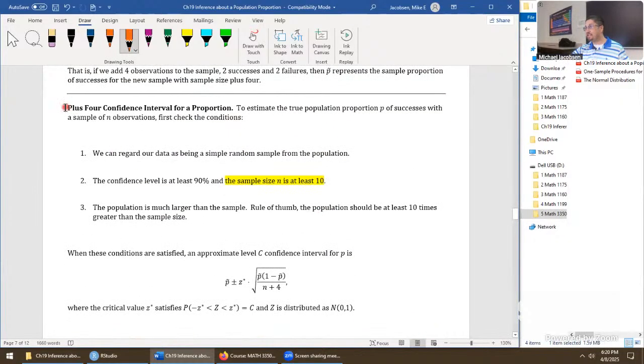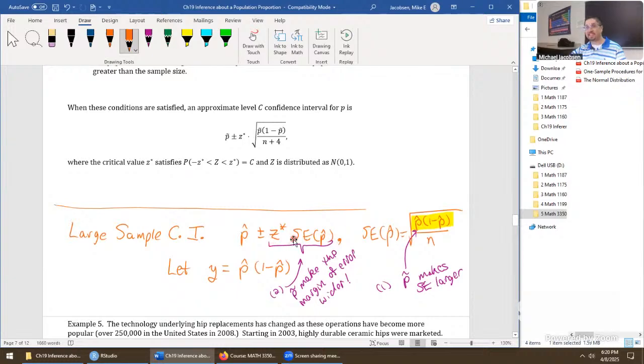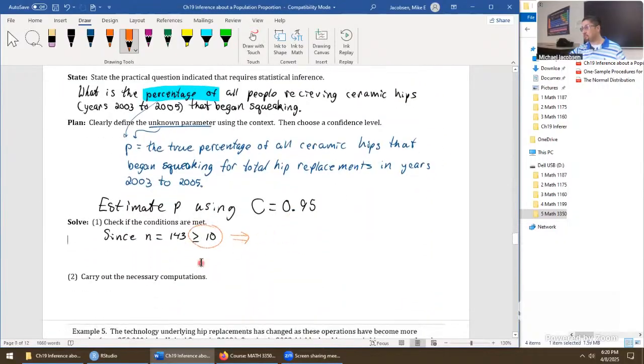So this method, really nice on the conditions end, but we do suffer because the whole purpose is to widen the confidence interval. Our analysis does give us a pretty wide interval as a side effect here. So we're good on this end. Sample size greater than 10 implies immediately the sample size is large enough.